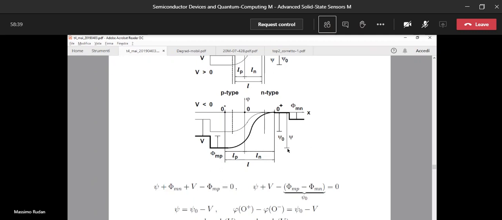In this case, the electric field obviously increases because we have a larger voltage drop over a region that is also larger, but we shall see the field does increase, in any case, in the space charge region, okay?